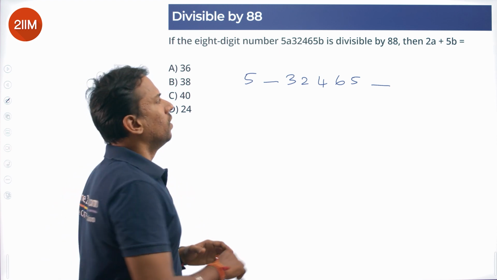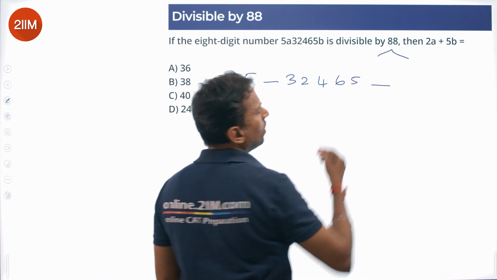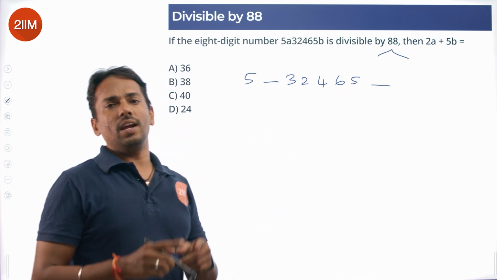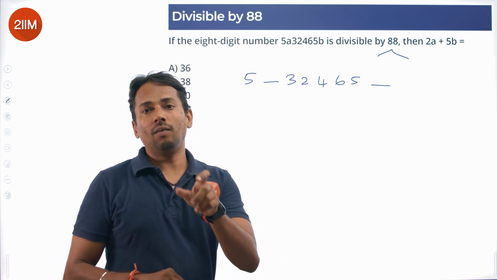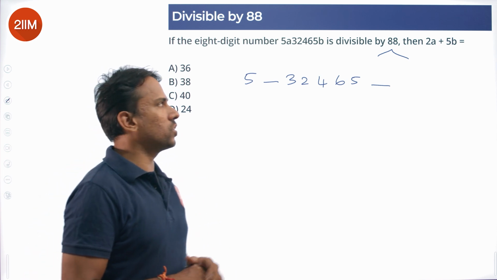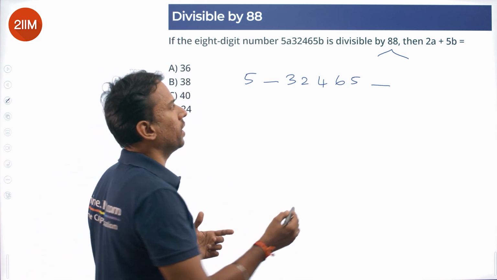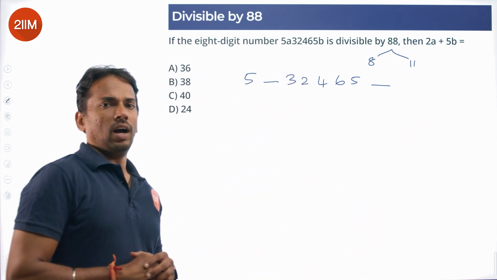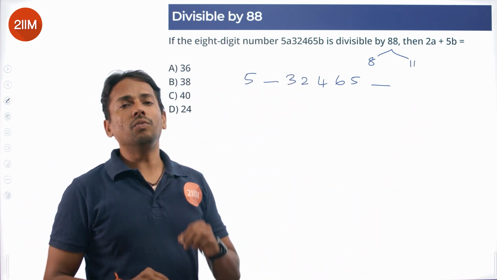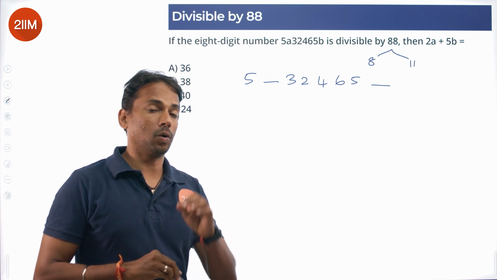The moment we come to know that it's divisible by 88, let's break 88 as a pair of numbers. We should have co-prime numbers. Co-prime means we should not have any common factors. That means I can break it as 8 into 11. So we'll have to use the tests of divisibility of 8 and 11. We have to properly use them.